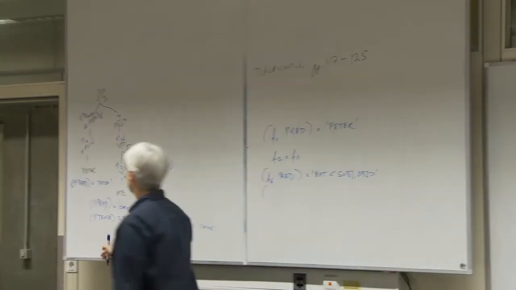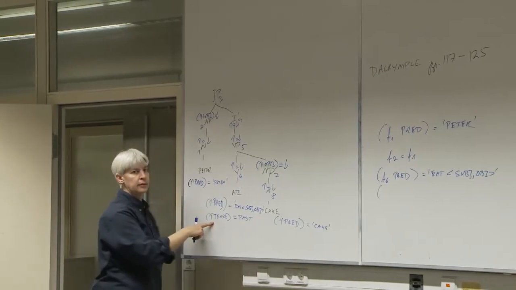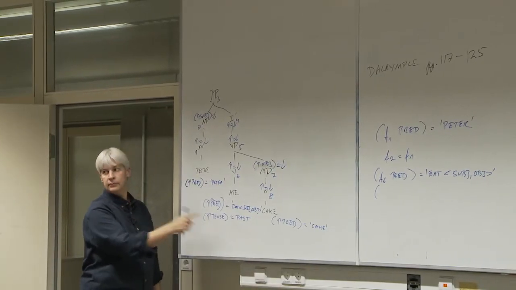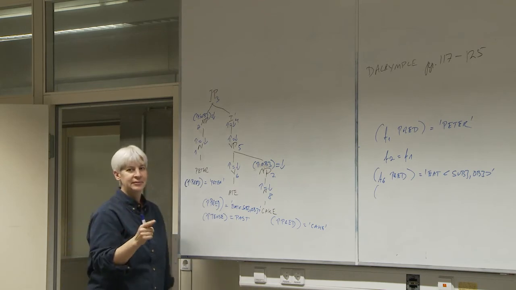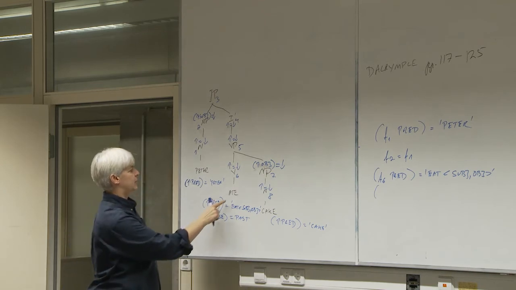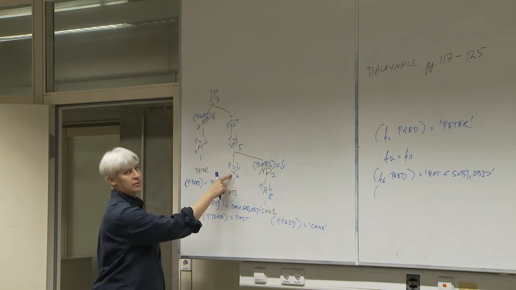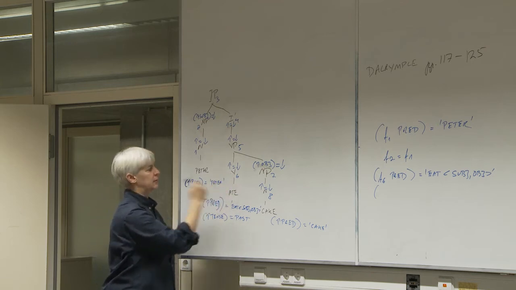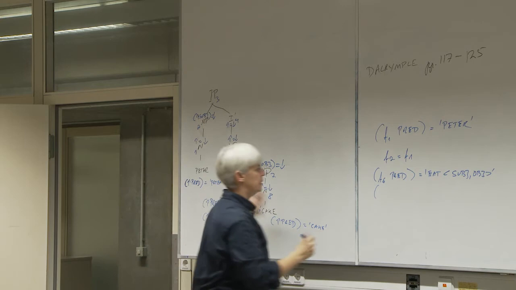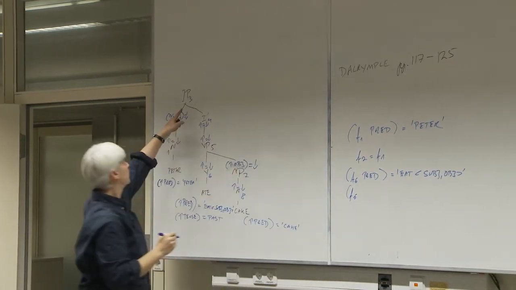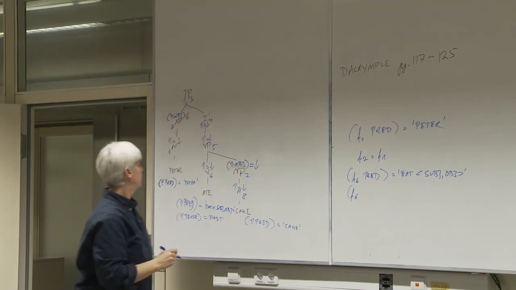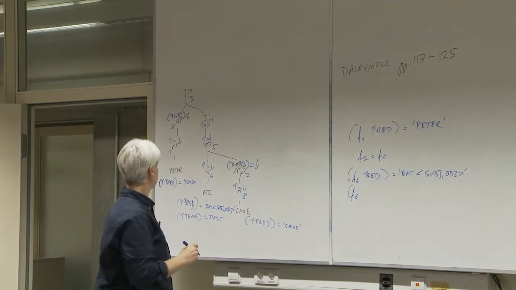Which node is this pointing to? Wait, I'm not sure, F3? This one is over here and it's pointing to this one, right? 6. Why F3? F3 is all the way up there. Because of the inflectional information, tense information.